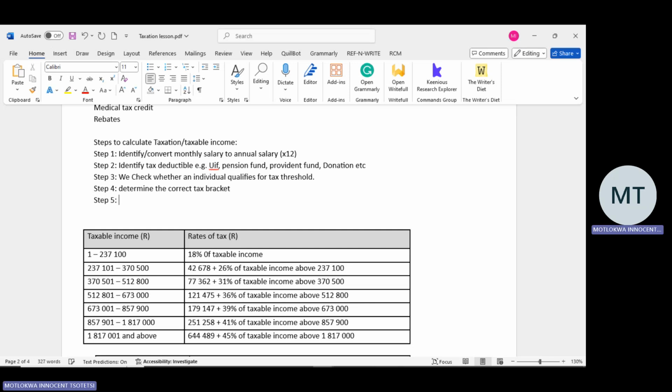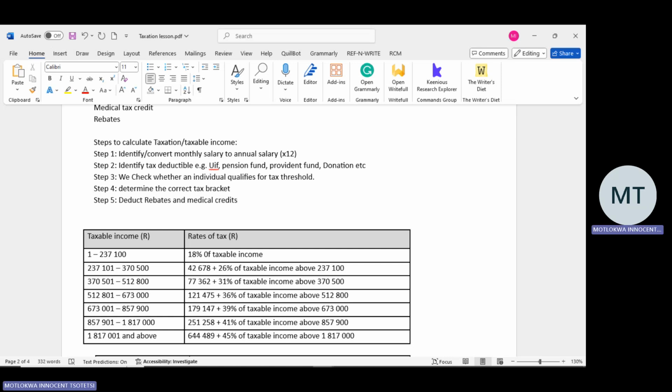Then under step number 5, it's whereby we deduct the rebates and medical credits.